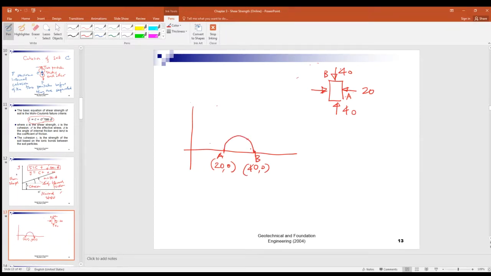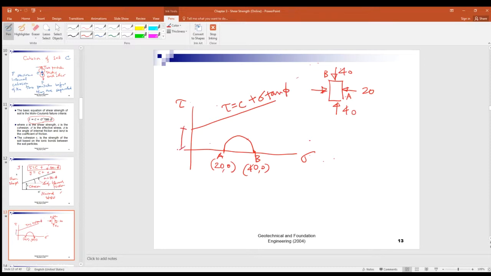Is that clear? Now, will the soil fail? Well, it depends on here. So that is the shear stress, and that's the normal stress. So the shear strength is C plus sigma tangent phi.